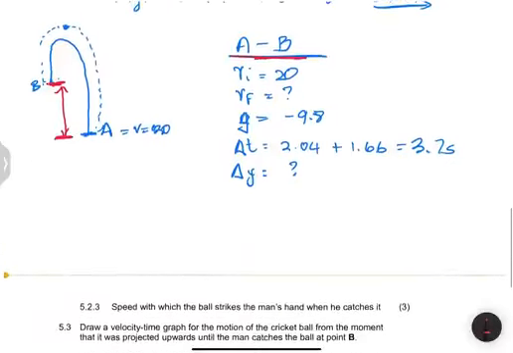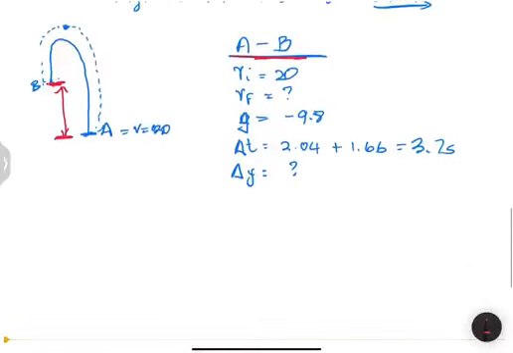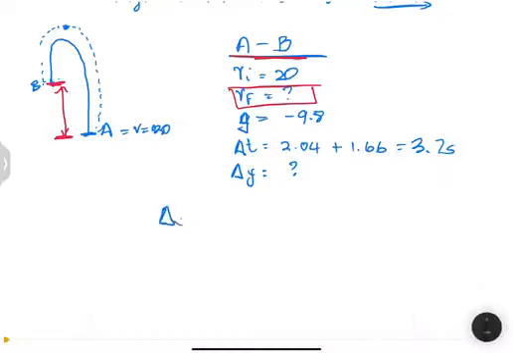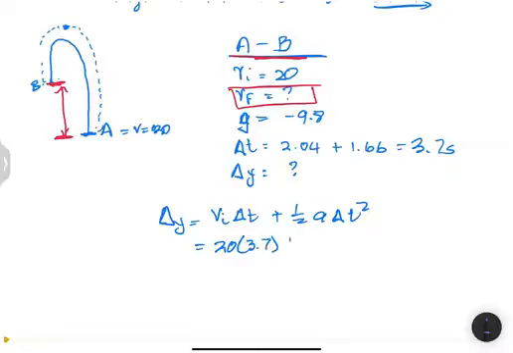Of course, we don't have displacement in this case. Actually, we want displacement. We don't have final velocity, so I'm going to use the equation without final velocity. So delta y is vi delta t plus 1 over 2 a delta t squared. So that's 20 times 3.7, plus a half times negative 9.8 times 3.7 squared.